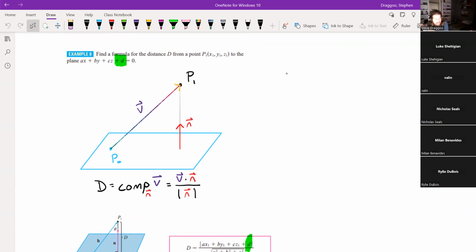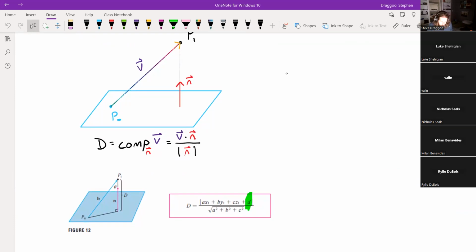And that's an easy to forget step that I see cost people points all the time, which is why I'm being a little bit extra about being careful if you use this formula, because I see a lot of equations where d, the constant term, is left on the right side of the equal sign, and then it gets the wrong plus or minus sign when it gets plugged into the distance formula. So just have to be a little careful with that.